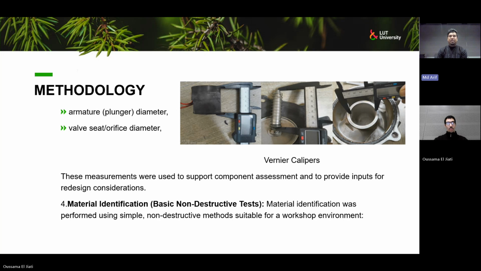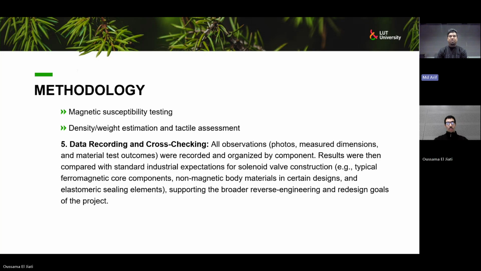And in slide 7, finally in the methodology, we perform basic material identification using simple non-destructive tests. We used magnetic susceptibility testing to identify which components are ferrous, and density weight estimation and a tactile assessment to distinguish non-ferrous metals and polymer parts.